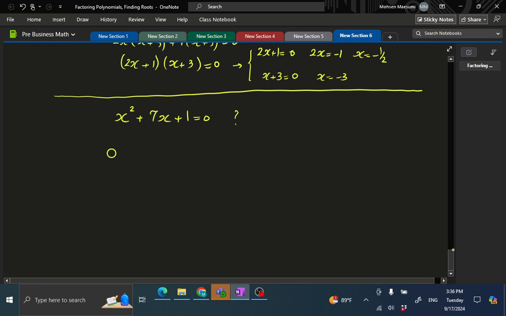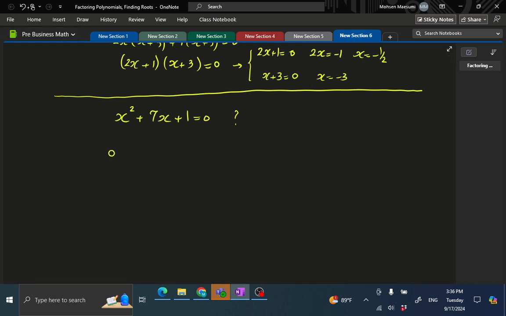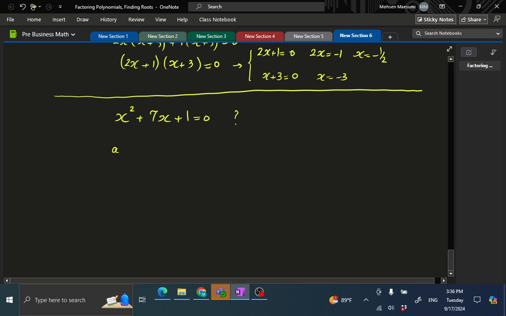That is, I have some numbers: ax squared plus bx plus c equal to 0. This has a big name. It's called a quadratic. Quadratic simply means degree 2. Quadratic equation or quadratic formula.